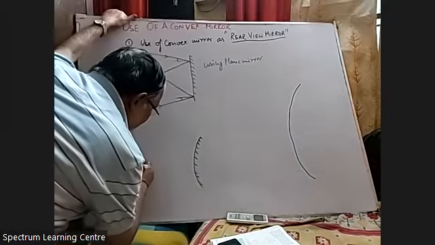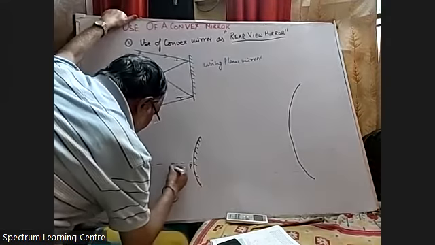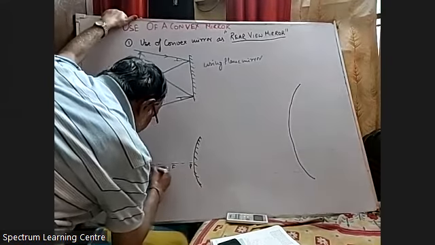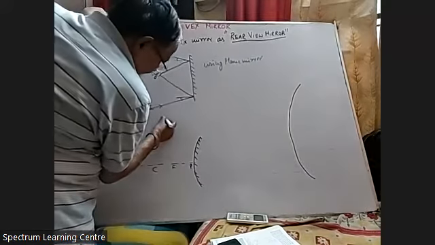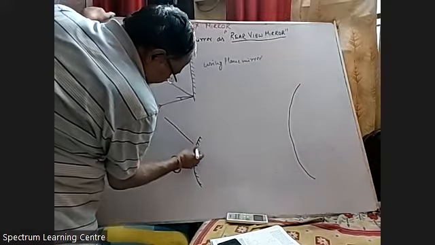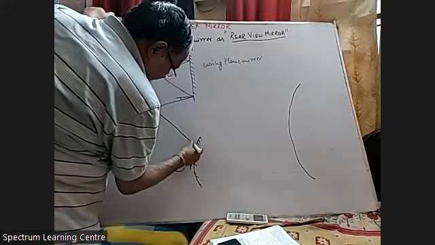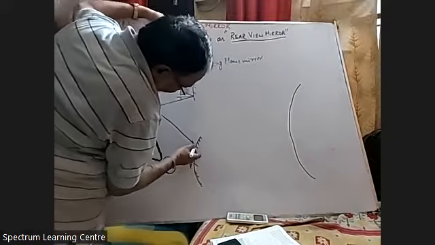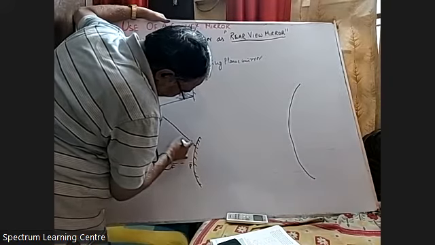Now this is the principal axis. This is pole. This is F. This is C. Now if a light ray is coming like this, we have to draw the normal here, which will be like this.